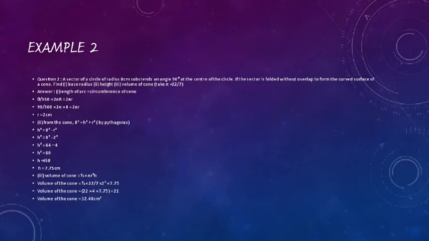Now the second one, part 2. From the cone, we have the cone to be like this. If this is the height and this is the base radius, we have r to be this, h to be this, and l to be this.